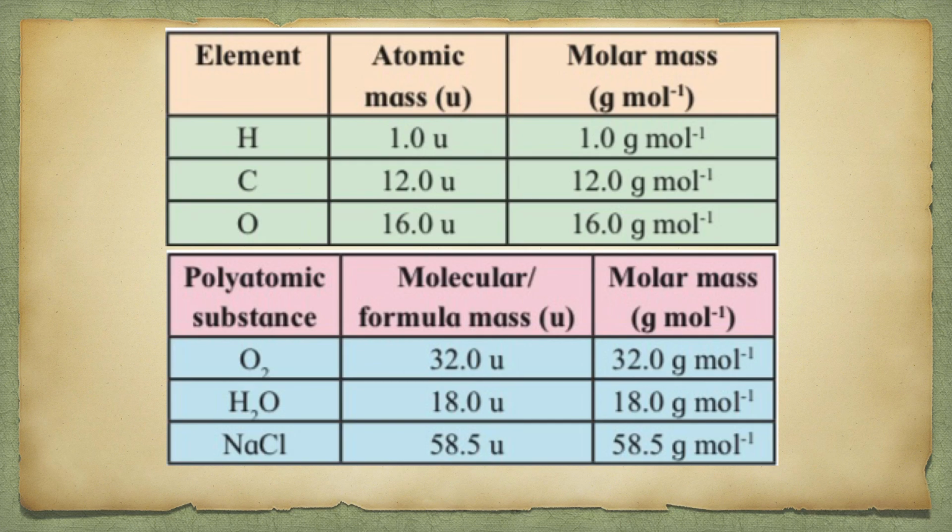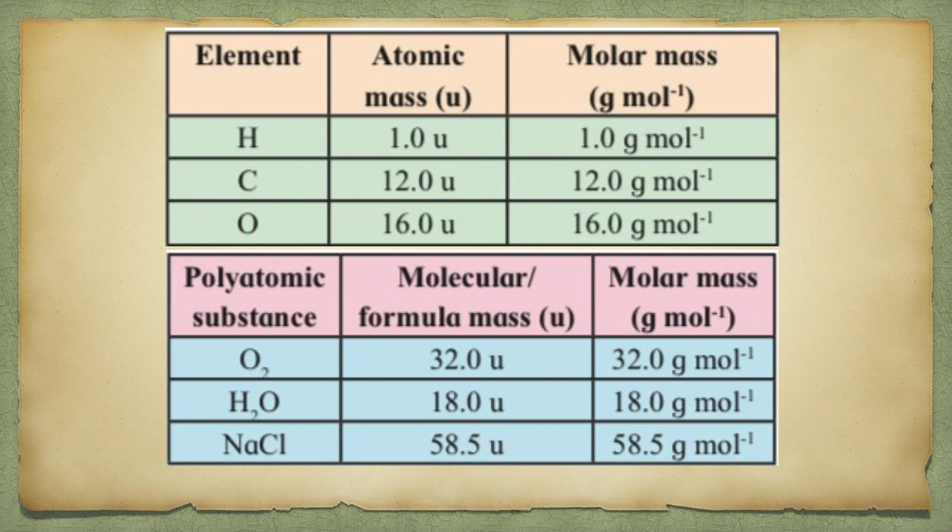And for some polyatomic substances like oxygen, O2, the molecular mass is equal to 32.0 U. So the molar mass is 32.0 gram mole inverse. And for water, the molecular mass is equal to 18.0 U, that is equal to 18.0 gram mole inverse.